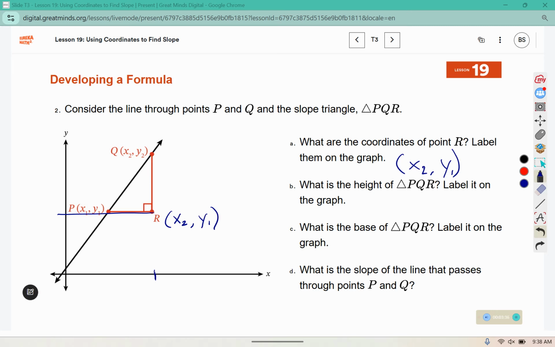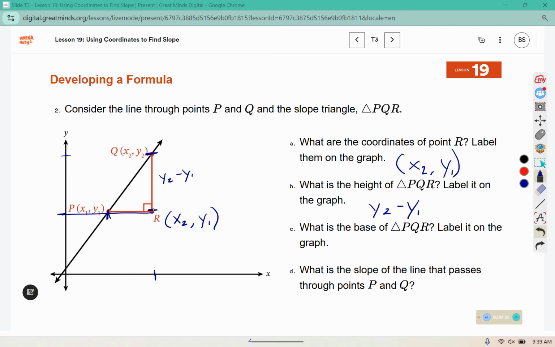What is the height of triangle PQR? Label it on the graph. The height is the difference between the y values. So it is y2 minus y1. What is the base?